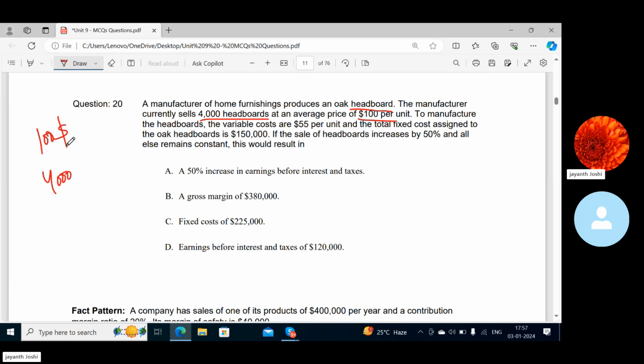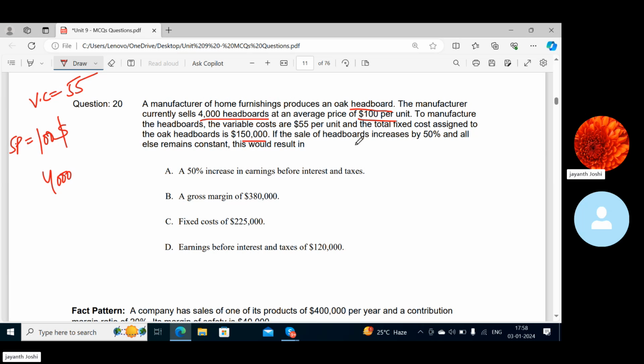To manufacture the headboards, the variable costs are given, and this is the variable cost per unit. Total fixed cost assigned to oak headboards is 150. That total is always given.